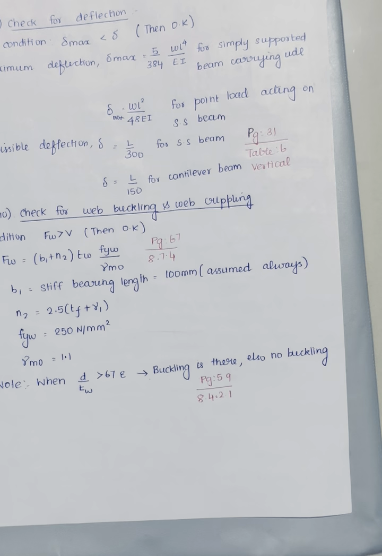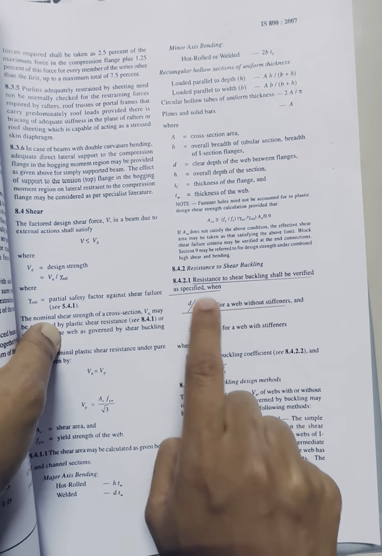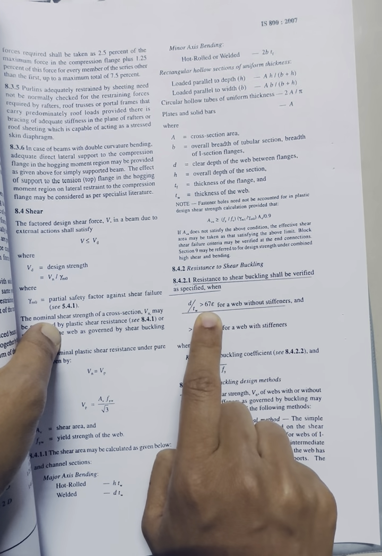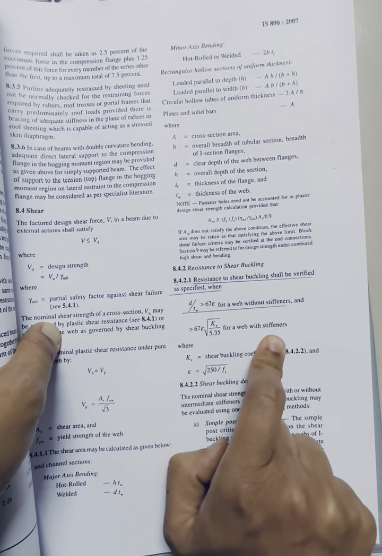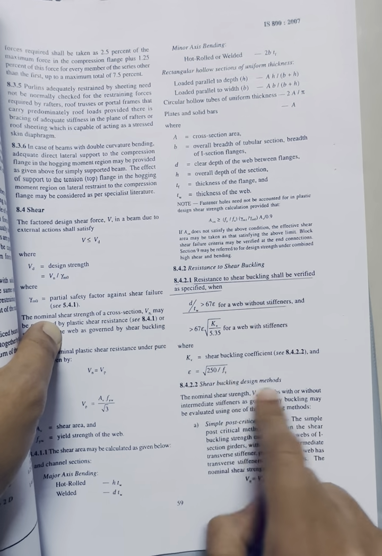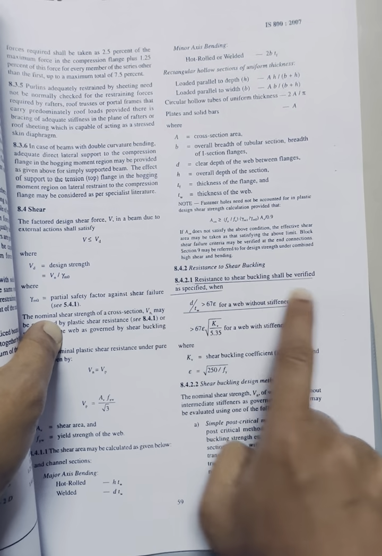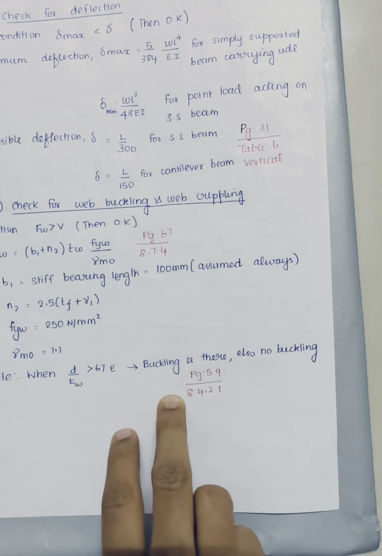At page number 59, clause 8.4.2.1, it is simply written that resistance to shear buckling shall be verified if d by tw is greater than 67 epsilon for web without stiffeners and with stiffeners. As there is no stiffener at the top, it is only a simple I section. So if this condition is checked, that is d by tw is greater than 67 epsilon, then buckling is there. If it is not exceeding, then there is no buckling. That sentence you can say.